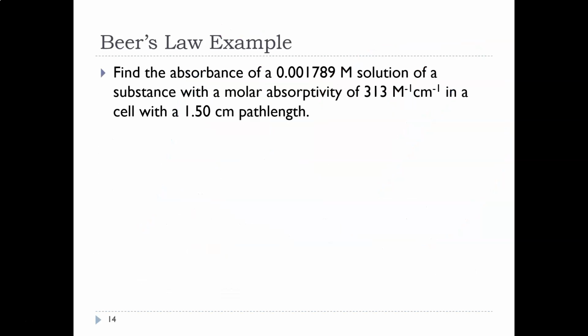Okay. So let's do an example with Beer's law. Again, it's not terribly difficult, but I just want to make sure we can handle it. With Beer's law, this is our equation. So we need to read the question and pick out the values and what variable they go with, and then solve for whatever we're solving for. It says to find the absorbance. So absorbance is what I don't know. Of a 0.001789 molarity.